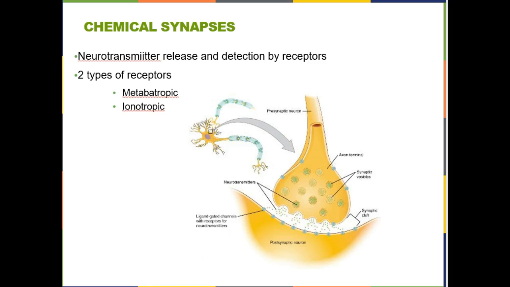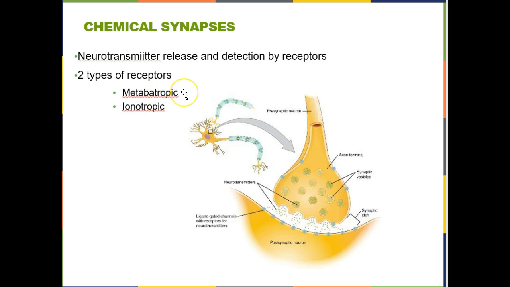Most often when you're talking about synapses, you are talking about chemical synapses that rely on neurotransmitters and neurotransmitter receptors. We are going to have two different types of chemical synapses with different kinds of receptors. So it's really two different types of receptors that you find at chemical synapses, metabotropic and ionotropic.